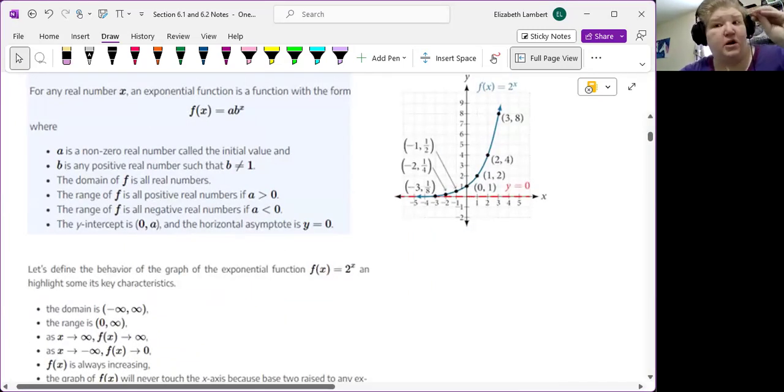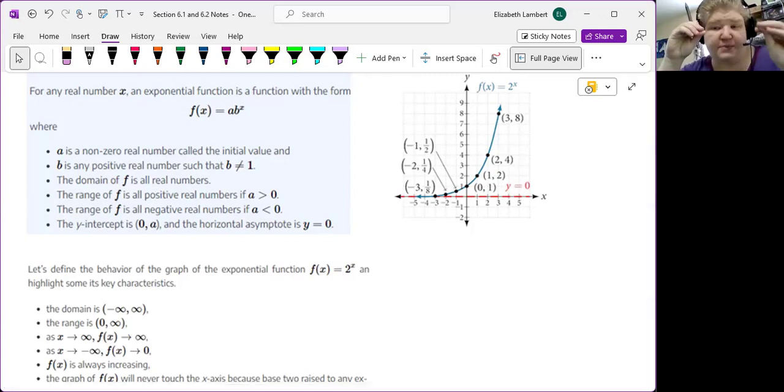So the number not being raised to the power but multiplied out front can be positive or negative. If it was 0, we just get a very boring flat line. B is any positive real number. So B can't be negative, B can't be 0, and we have another qualification that B can't be 1, but only because 1 is another boring flat line.